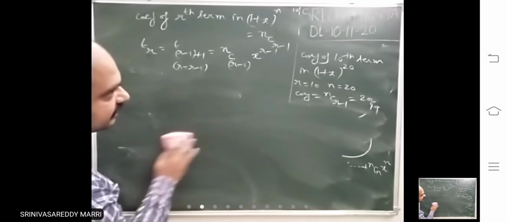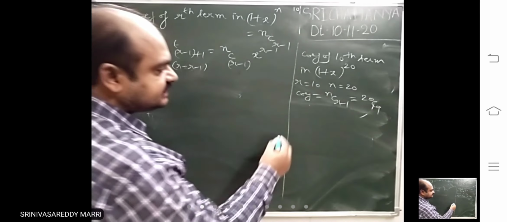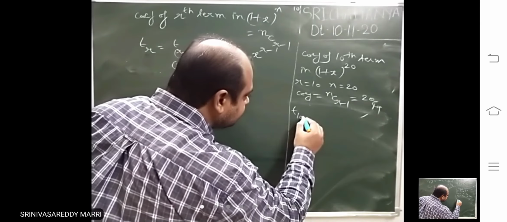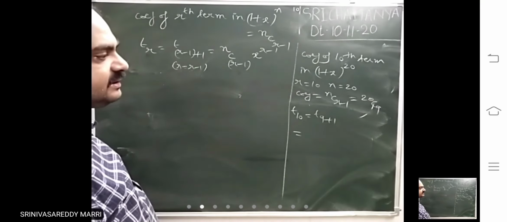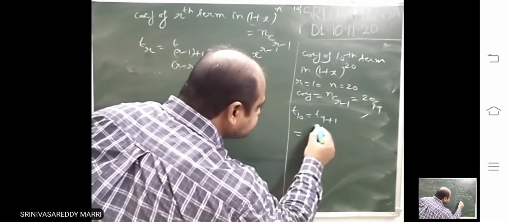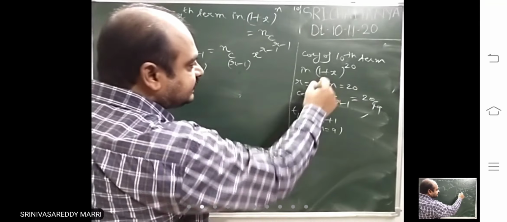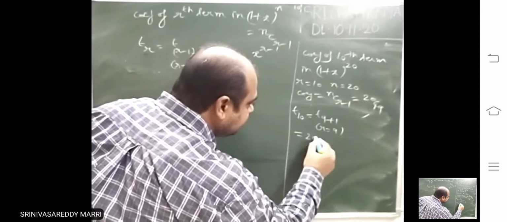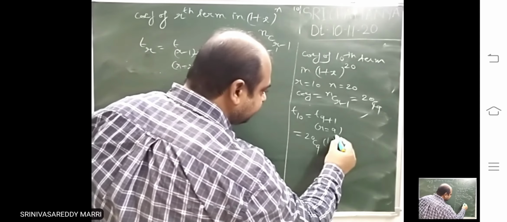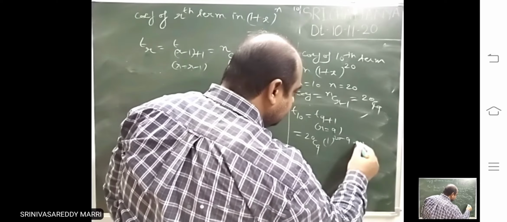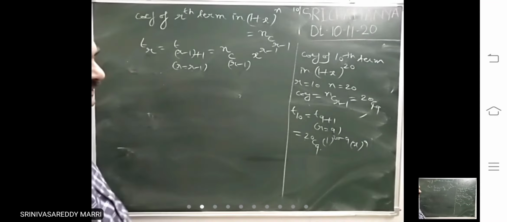The actual procedure is to write the 10th term: T10 is nothing but T9+1, so r equals 9. The general term is 20C9 into 1 to the power 20 minus 9 into x to the power 9. The coefficient here is nothing but 20C9.